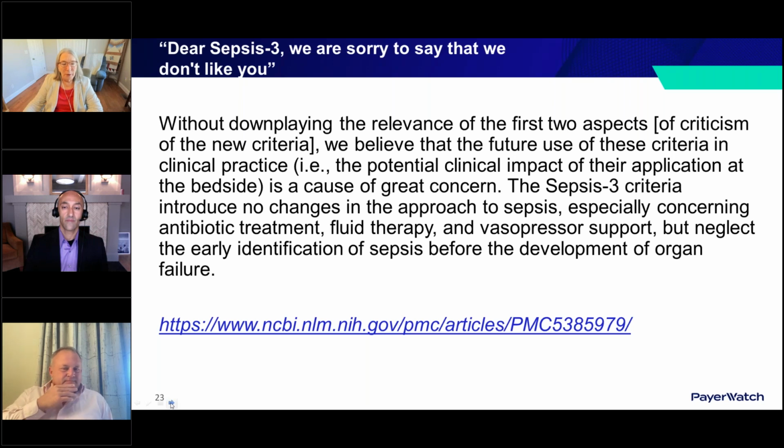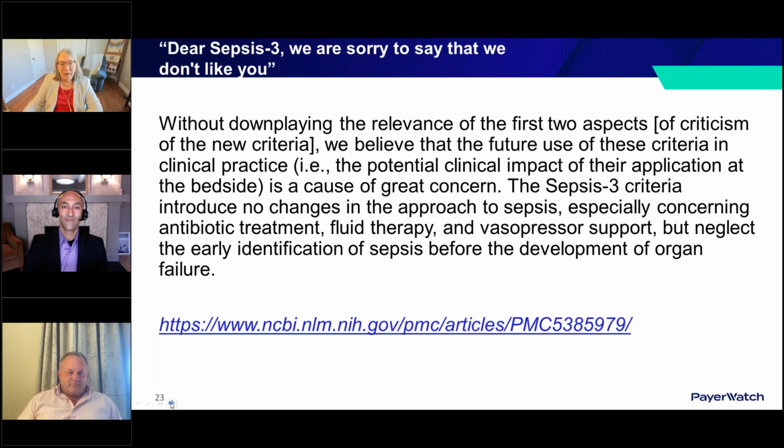This was published about a year after Sepsis-3 came out. I think it was in JAMA. It doesn't say that here, but I think that's where it was originally posted. Someone had written kind of an opinion piece, "Dear Sepsis-3, we're sorry to say that we don't like you."